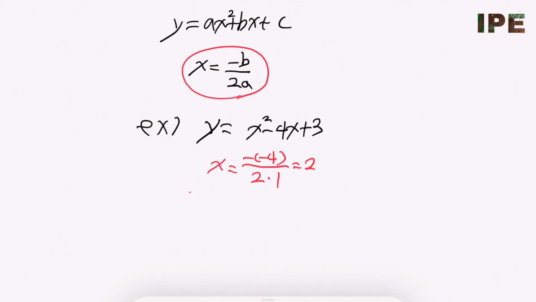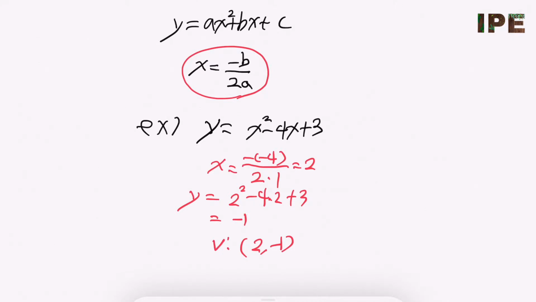And then find the y coordinate of the vertex. Plug 2 into the function. So 2 squared minus 4 times 2 plus 3. 4 minus 8 plus 3 is negative 1. So the vertex is (2, negative 1). That's the vertex, using negative b over 2a.